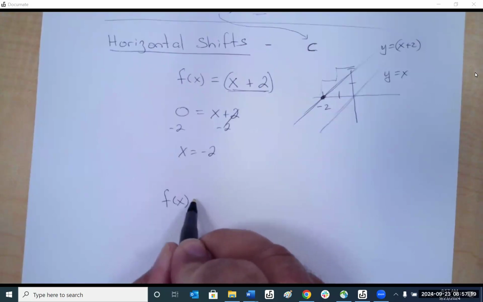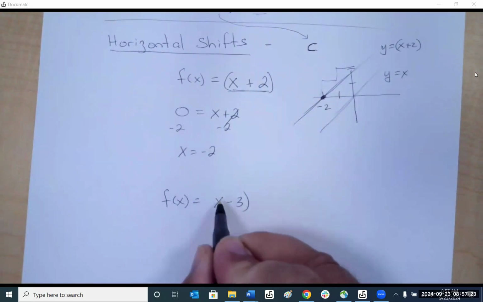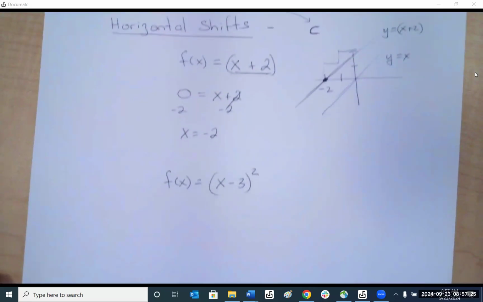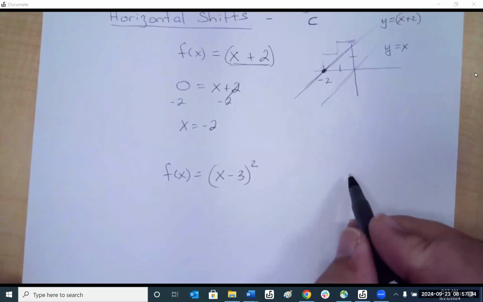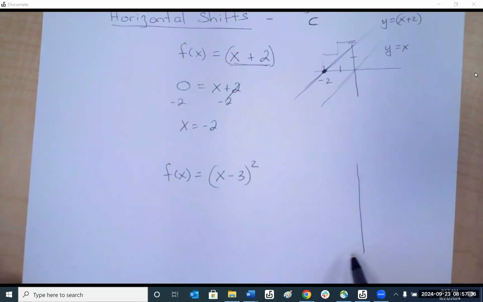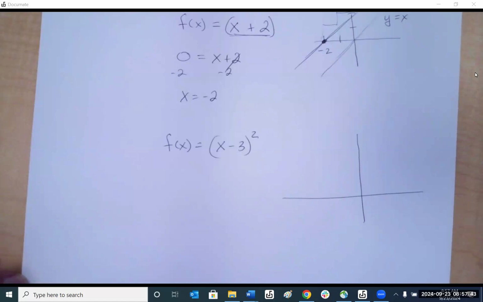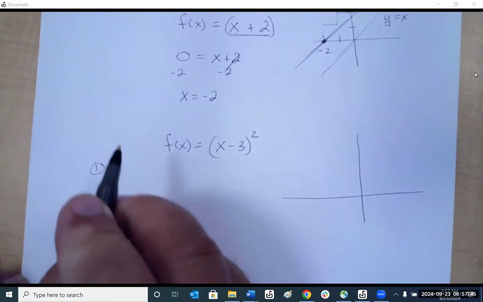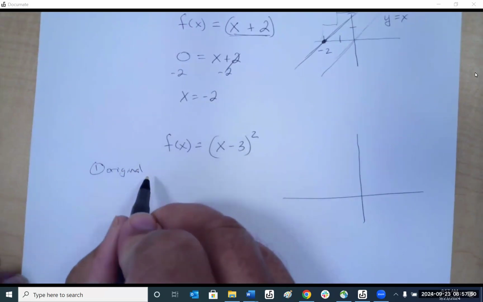f of x equals (x minus 3) squared. So let's look at how we do these transformations. First off, what's the original function?